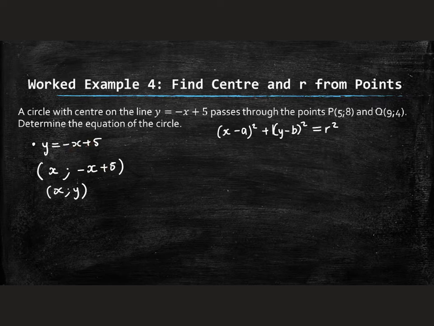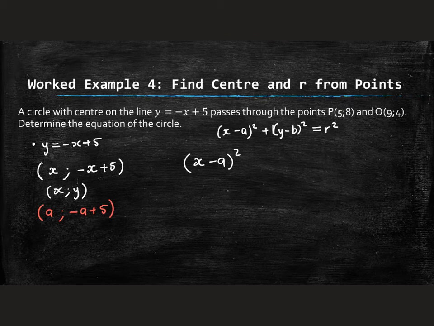Now that's quite useful for us because it also means that if I plug in a into this formula, what will come out will be minus a plus 5. And that's quite nice because it gives me an opportunity to solve for a couple of things. I'm going to take the equation we have on the side here and update the original equation we started with. So I'm going to keep the a as x minus a.